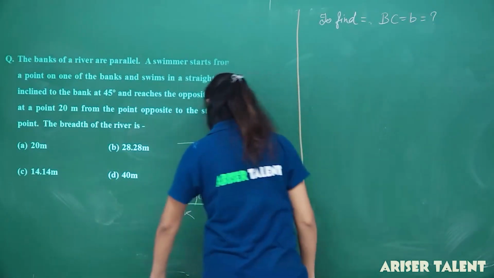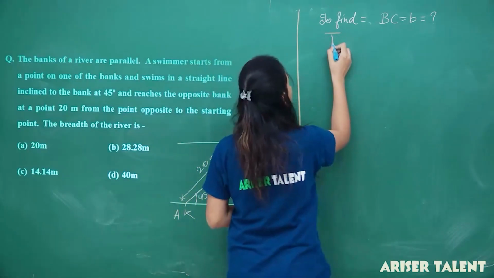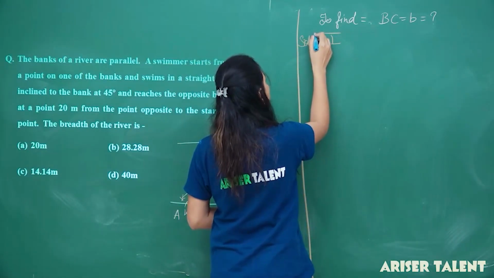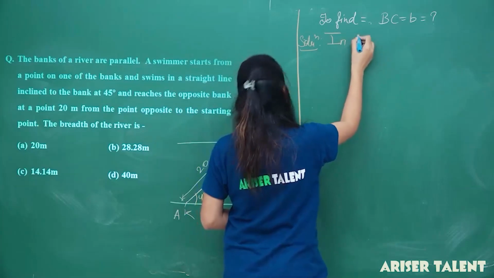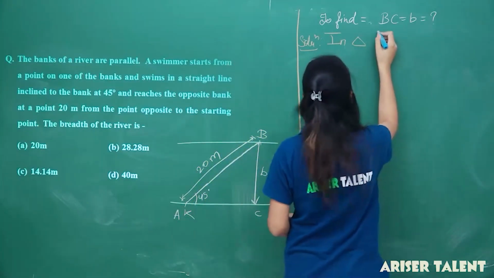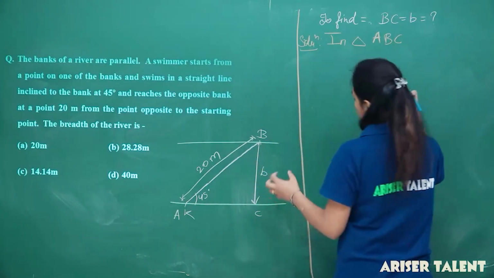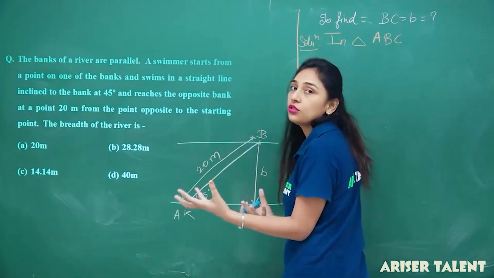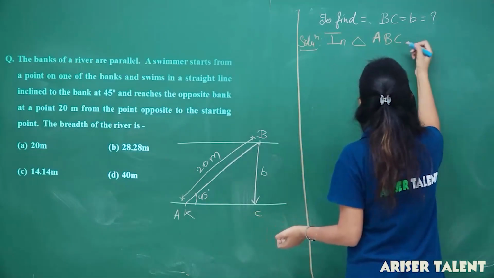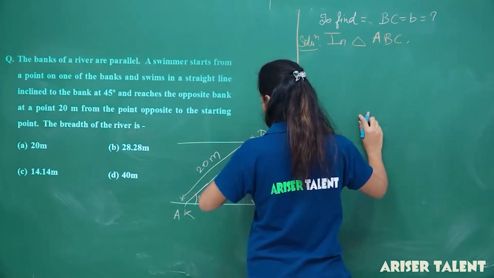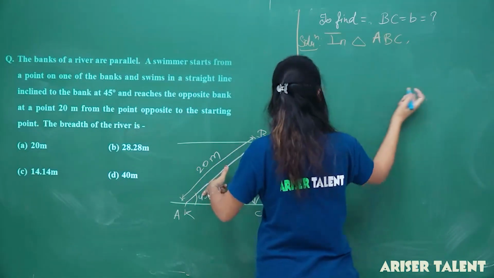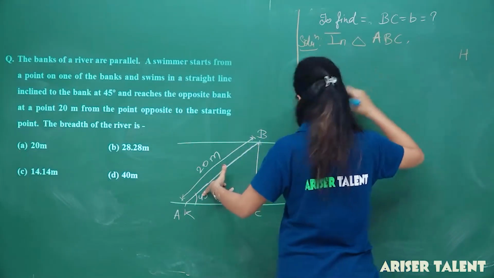So, in triangle, we have only one triangle ABC. Look how small this question is, how easy this question is. Okay, in triangle ABC, we have this hypotenuse. Now understand the question. We are given the hypotenuse.